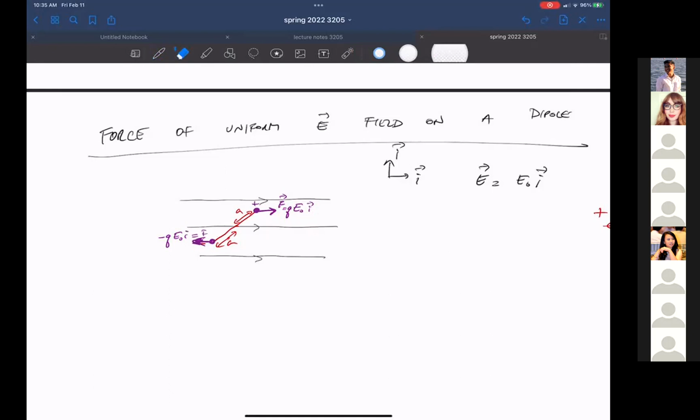Oh, before I go into that, notice another thing. Again, look at my pen. This end is getting pulled this way and that end is getting pushed the other way.